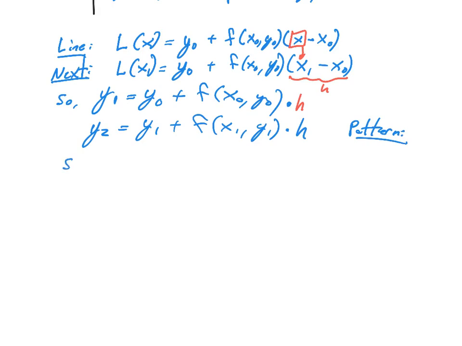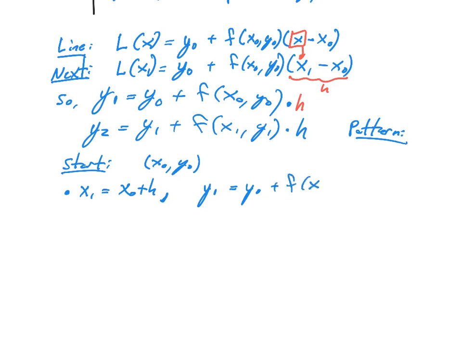So let me write it out. Here's where we start. We start at the point x naught comma y naught. Now the next one, we're going to have x1 is equal to x naught plus h, and y sub 1 is going to be equal to y naught plus f of x naught comma y sub naught times h.